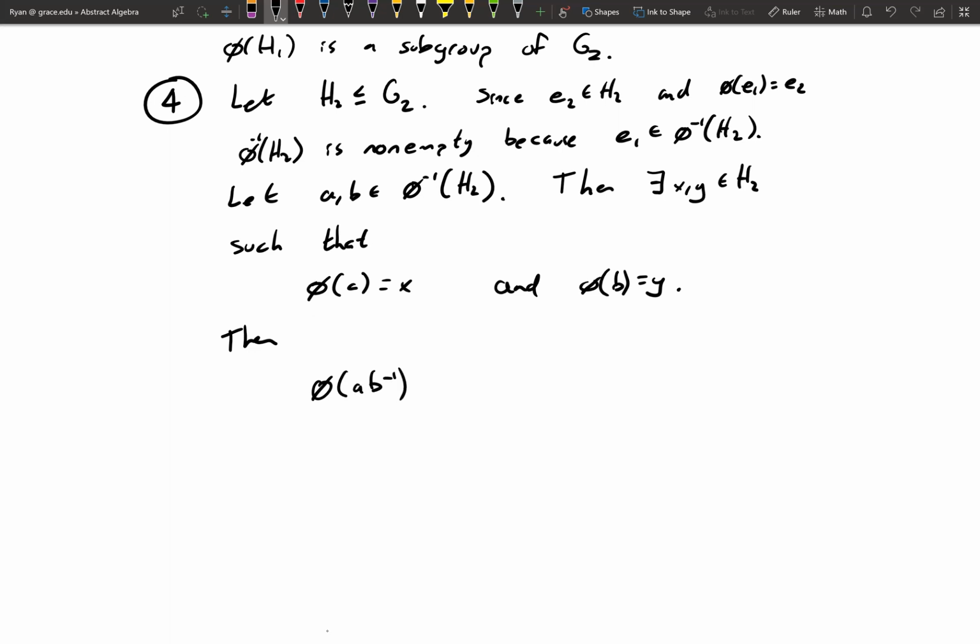If I do phi of AB inverse, well, that's equal to phi of A times phi of B inverse, because it's a homomorphism, which is equal to phi of A, phi of B to the inverse, because of part 2, which is equal to X times Y inverse, which is an element of H2.